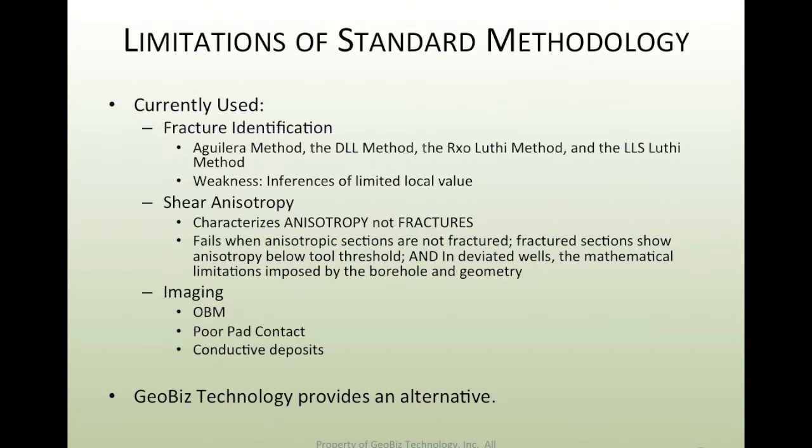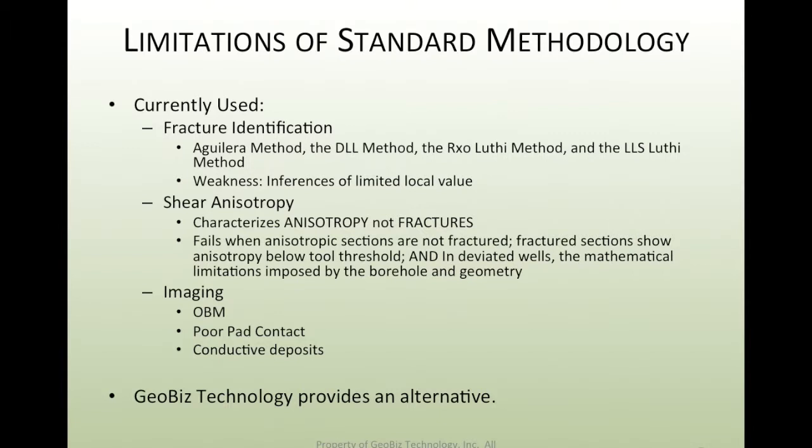Particularly in unconventionals, you often see that the formation is inherently anisotropic, and so in shear anisotropy processing, it is difficult to distinguish the fractured zones from the inherent anisotropy present within the formation. And so the shear waves fail to split or demonstrate anything of use in these wells.